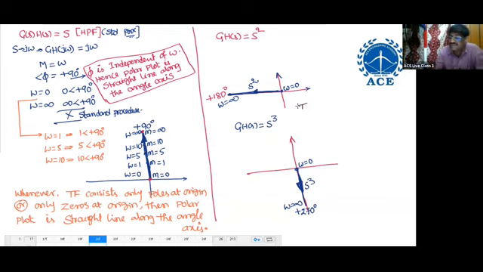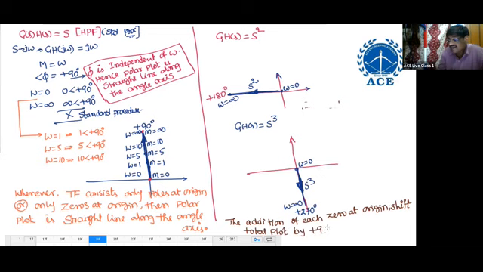The addition of each 0 at origin shifts the total plot by plus 90 degrees in the anti-clockwise direction. Okay?